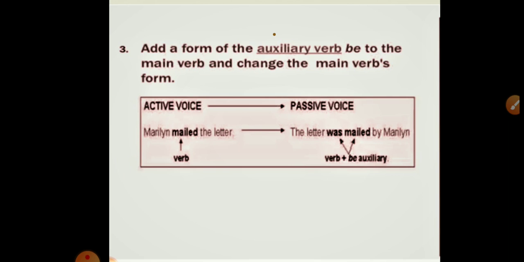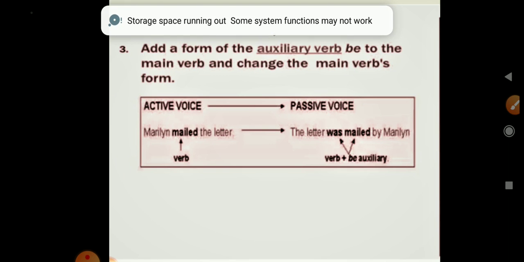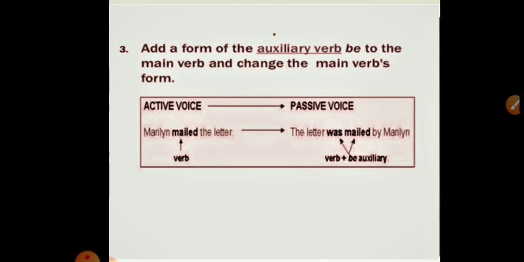So here we'll write was mailed, the auxiliary be plus the verb. The V3 or past participle of mail is mailed. So Marilyn mailed the letter in active voice, and in passive voice, the letter was mailed by Marilyn. This is the third rule.